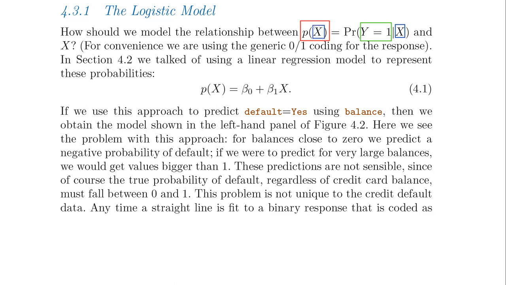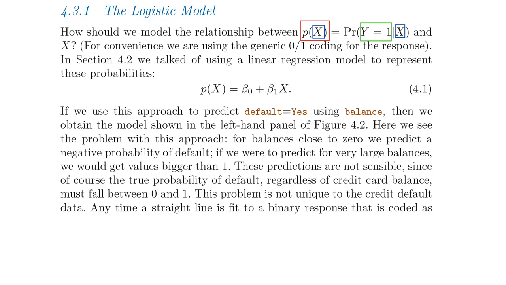So what we're asking is, what is the probability that an individual with a 2,000 balance defaults? What is the probability that an individual with a 500 balance defaults? Those two probabilities we denote as p of 2,000 and p of 500.